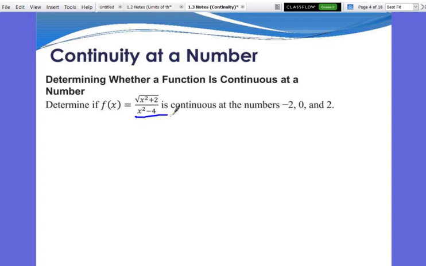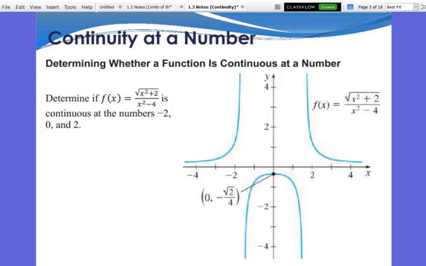Because of the denominator. What about 0? Plugging in 0, it's going to be radical 2 over -4. That is a number, so that one's going to be continuous there. What about +2? No. So the only place continuous is at 0.